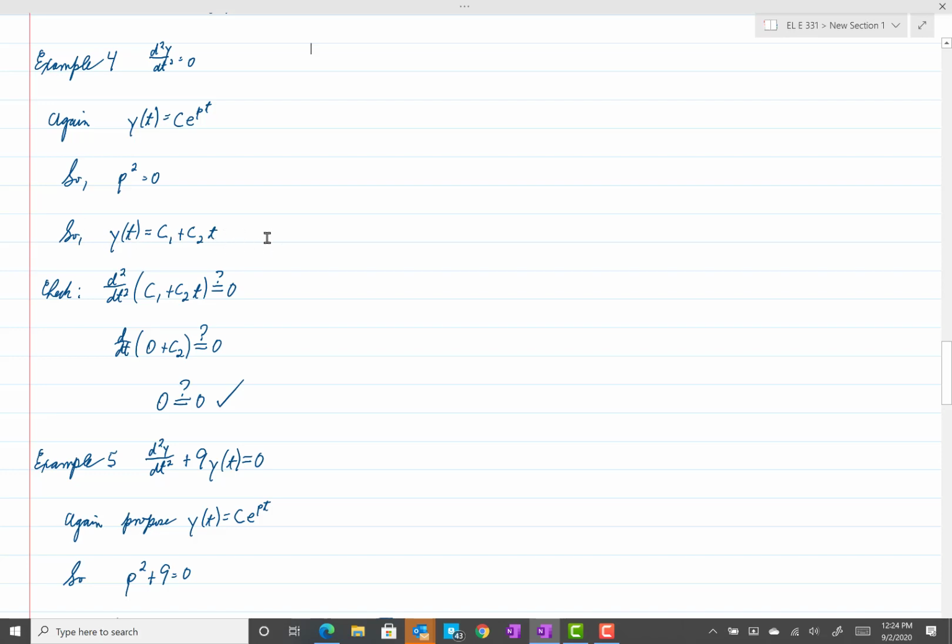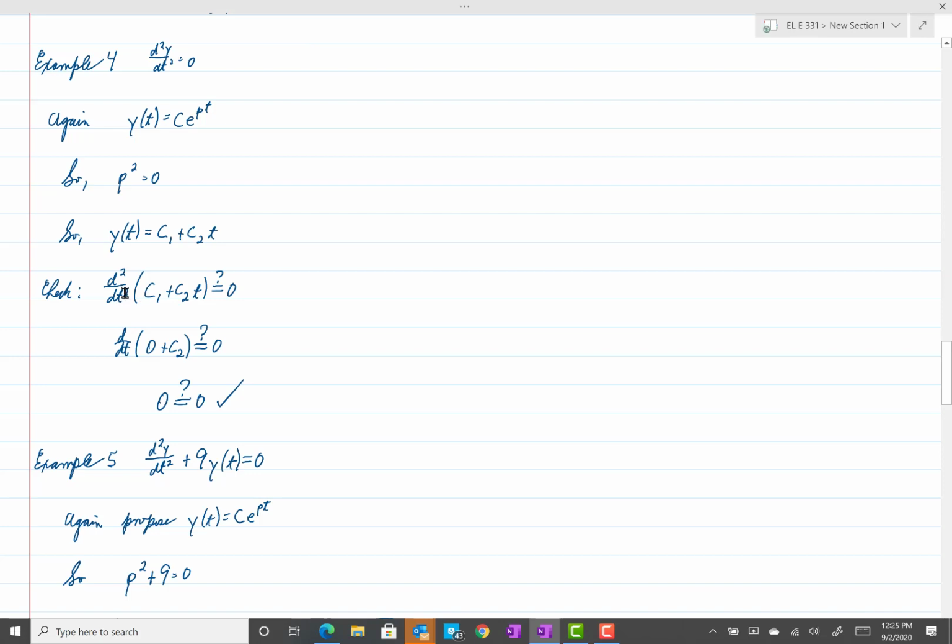And when we check it, okay, d squared y dt squared equals question mark 0. When we take the second derivative of c1, we get 0. Okay, let me start over. I'm rewriting the second derivative as the derivative of the first derivative.